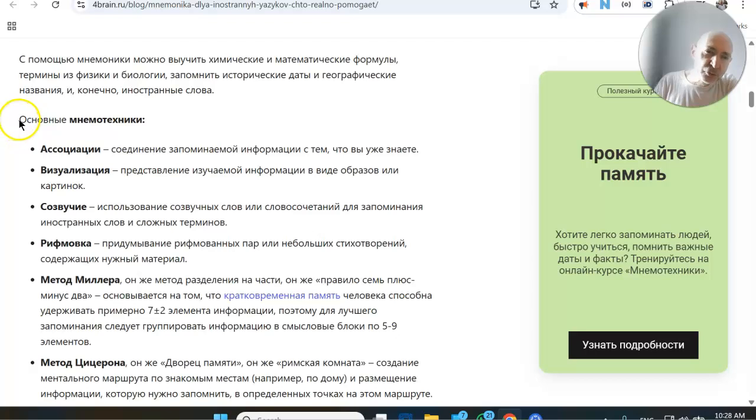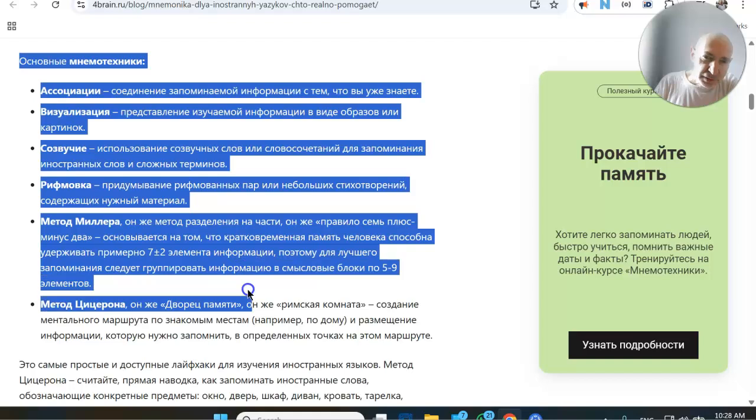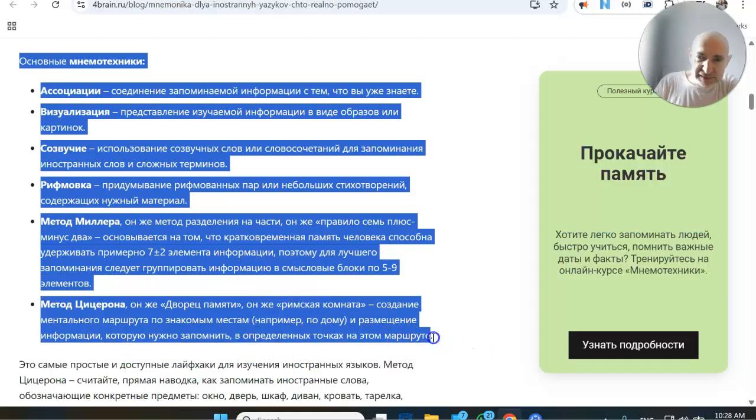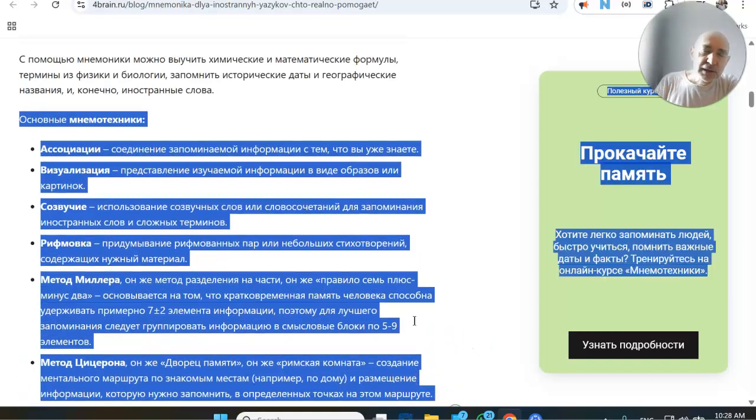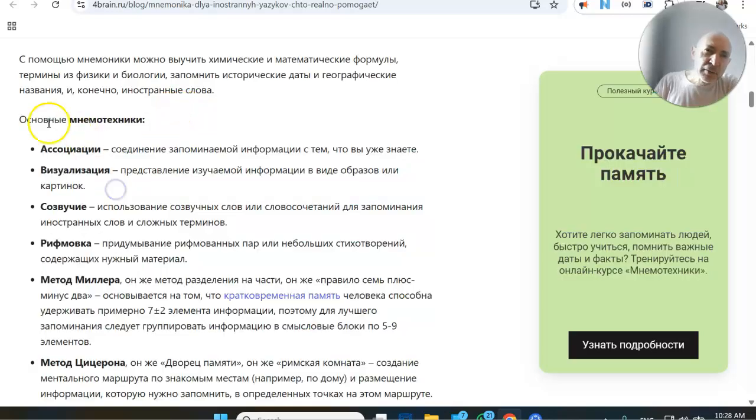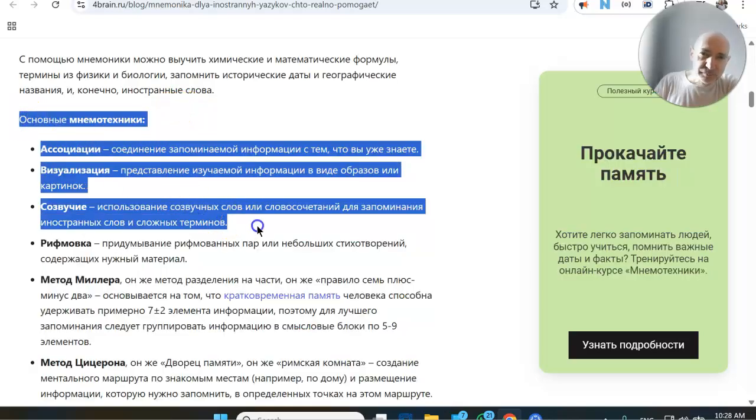Now, I'm going to read this next part. And you're going to, so just listen, that's quite a long one. No, you know what, I will just read the first three. We will go, because here they talk about different methods of techniques of mnemonics. So, they say, основные мнемотехники.